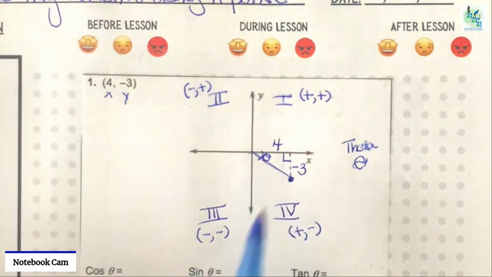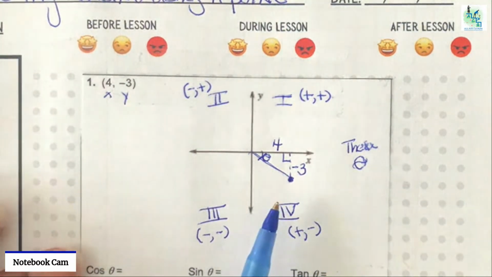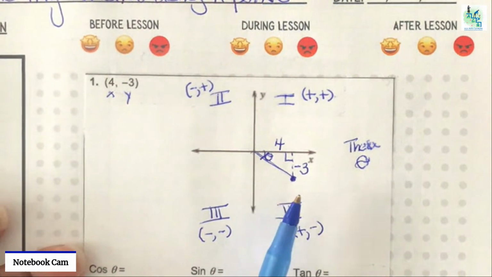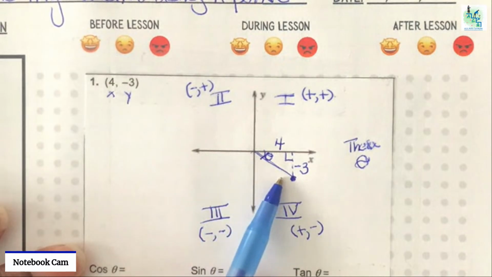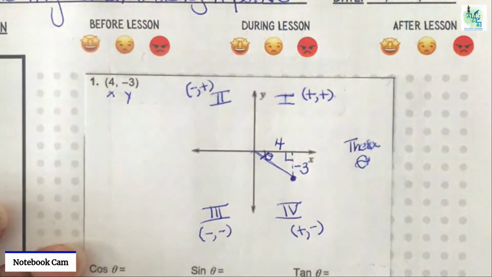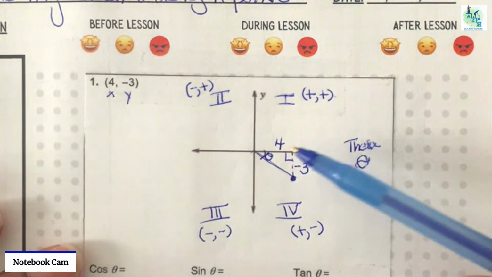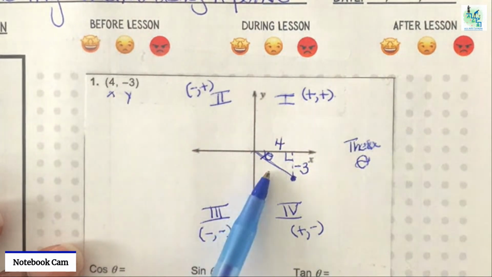So with this information, we just need to figure out the length of my hypotenuse. What we could do is use the Pythagorean theorem. Okay, we've got a right triangle, we've got 2 legs, and all we need is to find our hypotenuse.